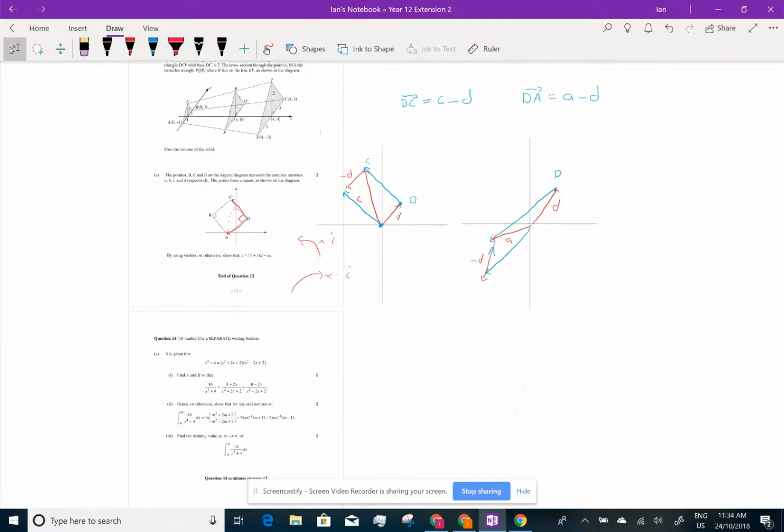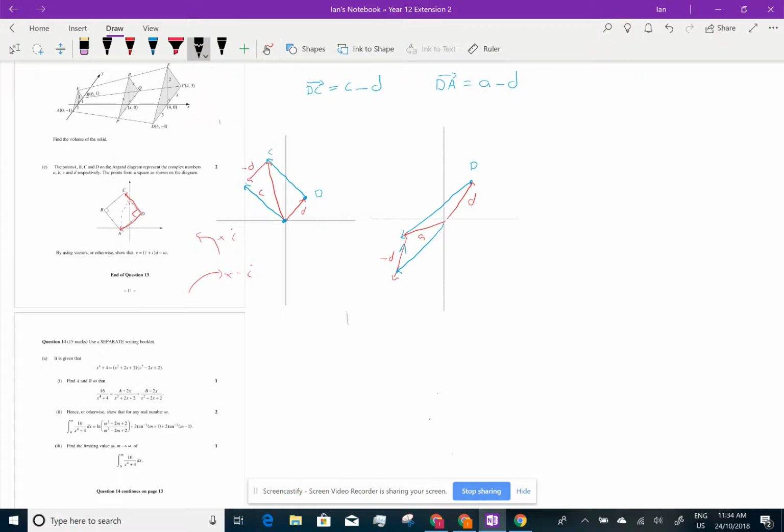Let's put it all together. So DC, that vector, equals DA, that vector, times negative i. Well, DC is C minus D, and DA is A minus D. And if I multiply by negative i, what do I get? Well, I'm going to leave this C minus D alone. Equals negative Ai plus Di.